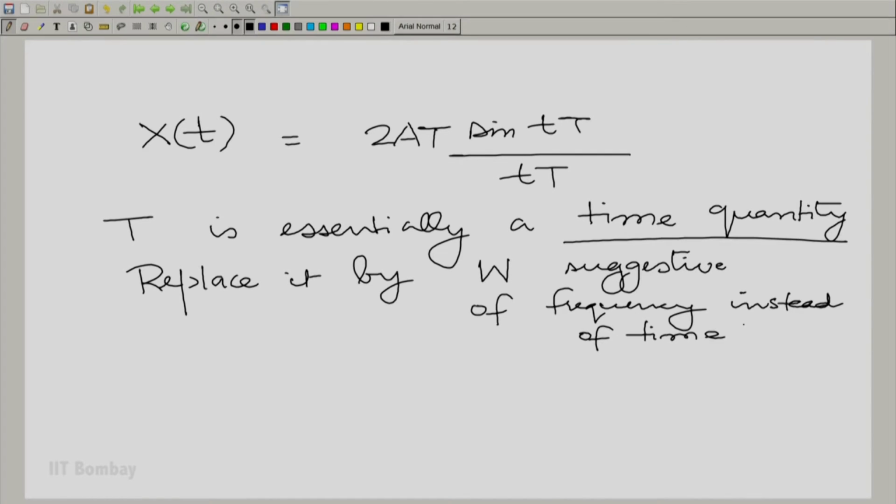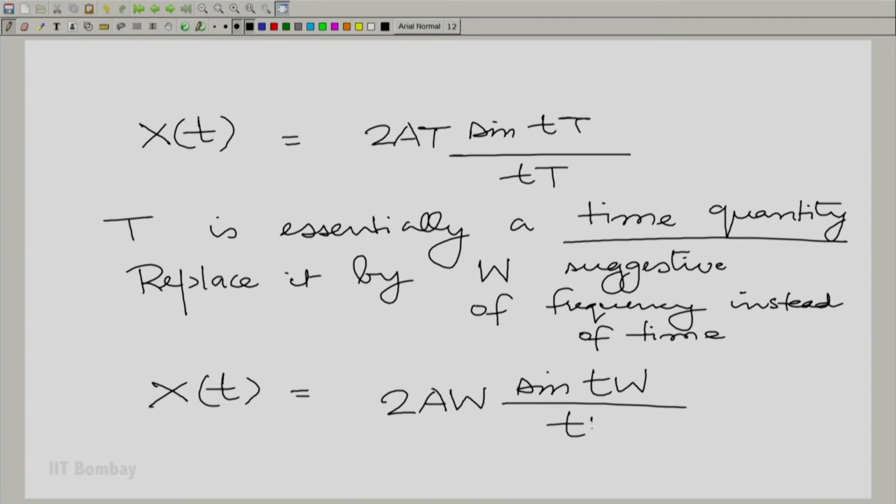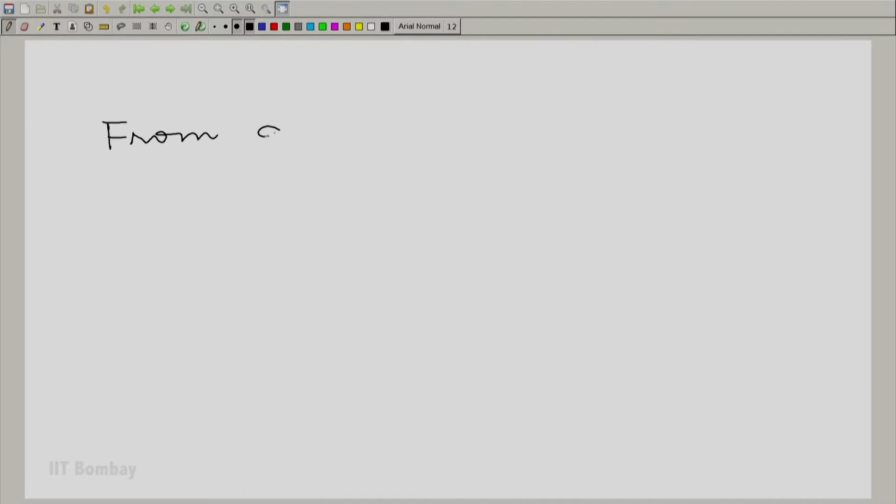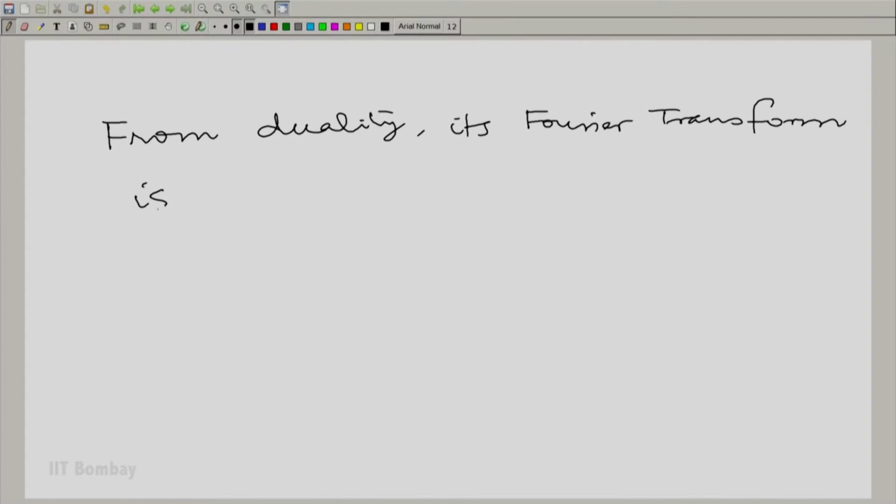What we are saying is effectively capital X of t is of the form 2aW sin tW by tW, and let us in fact now find its Fourier transform.